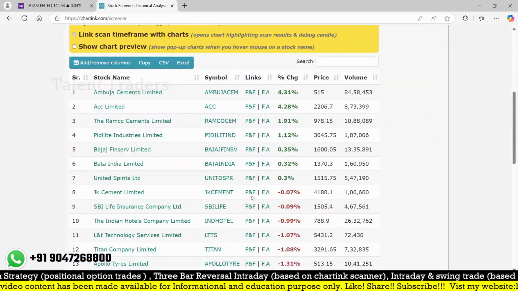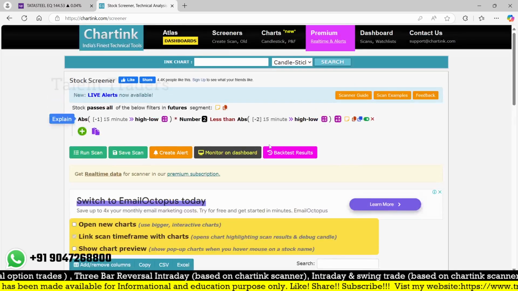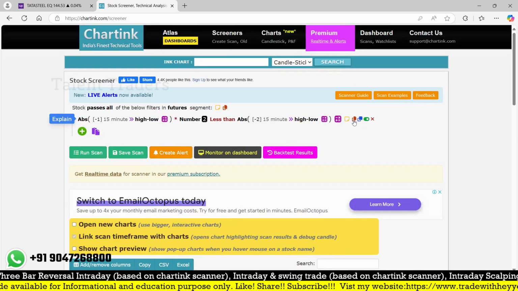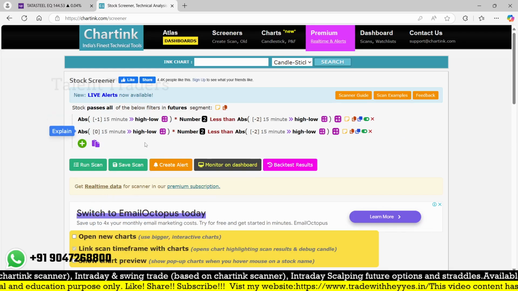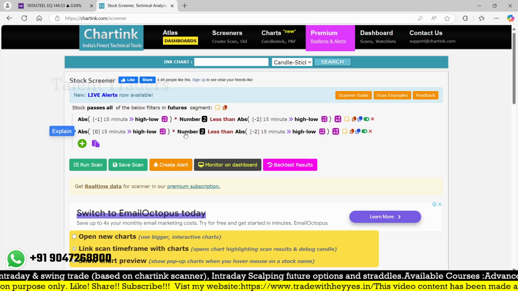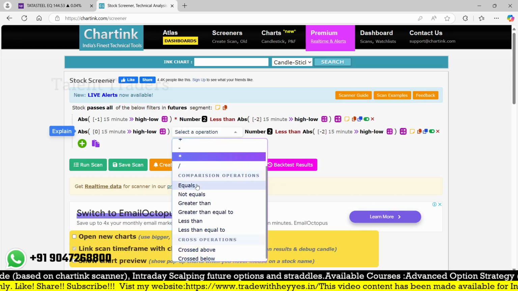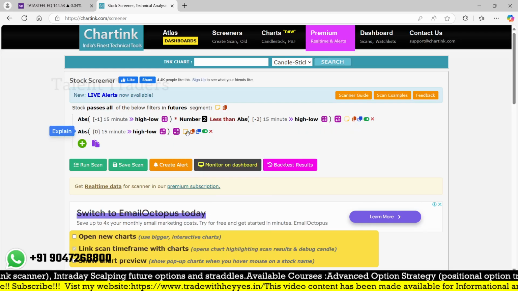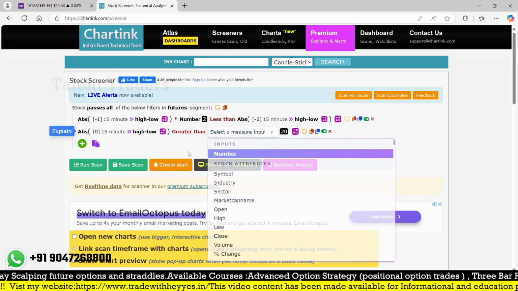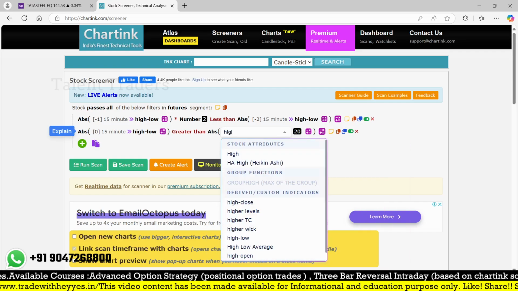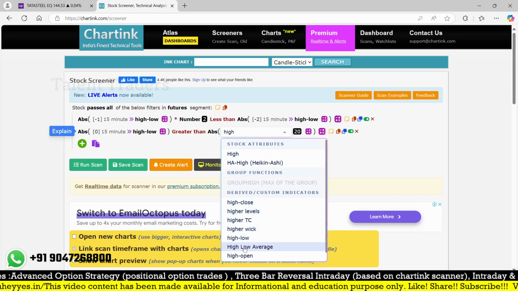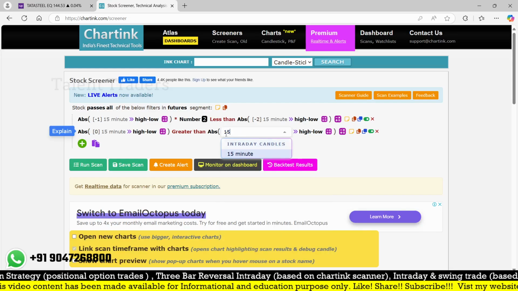If I run the scan, we will get a lot of stocks, so one more condition we should add. I should copy this one, and here the current candle must be only greater than, so we don't need to remove anything, it must be greater than ABS of close minus low of the 15 minutes, because I'm fetching the candle body.